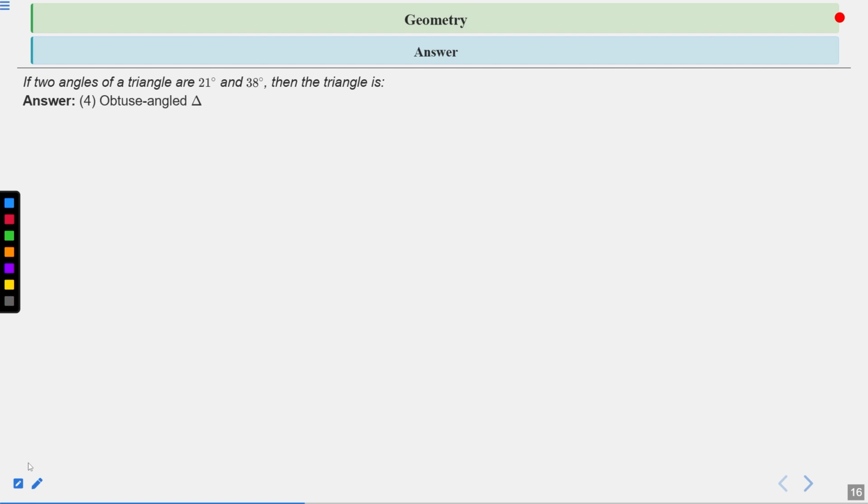So the correct answer of this question is the fourth one, obtuse angled triangle. Now see the detailed solution using concept 16.5.3. By using the angle sum property, 21 plus 38 plus x equals 180. Let x be the third angle.